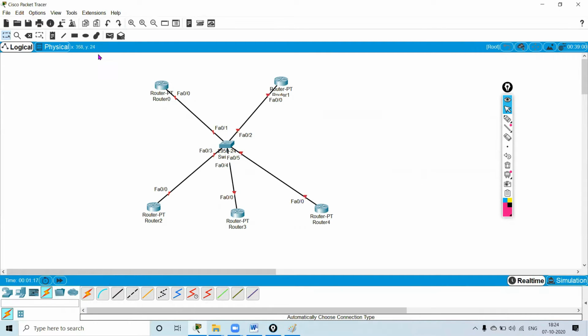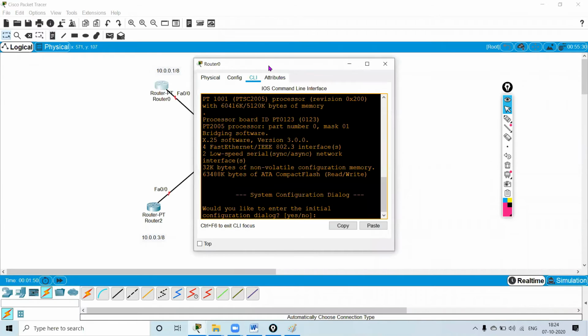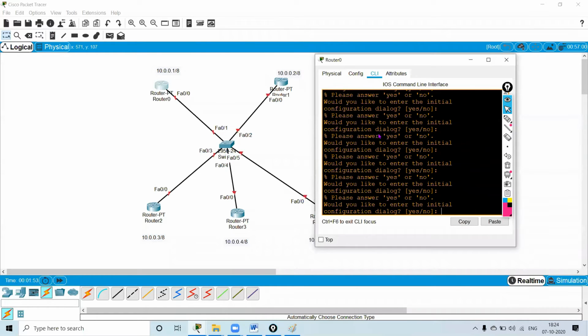Now I'll be using some 10 dot network: 10.0.0.1/8, 10.0.0.2/8, 10.0.0.3/8, 10.0.0.4/8, 10.0.0.5/8. Okay. Now I'll assign the IP addresses on all the routers.